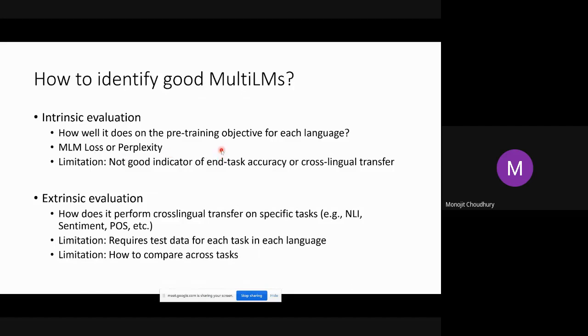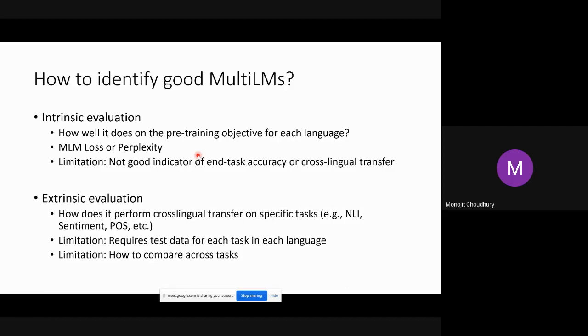In intrinsic evaluation, we look at a pre-training objective. The pre-training objective could be masked language model loss, so let's say MLM loss or perplexity, and try to see how that gets better over the training, or as you add more data, and so on. But this is not a great metric, because usually it does not have any bearing on the end task accuracy.